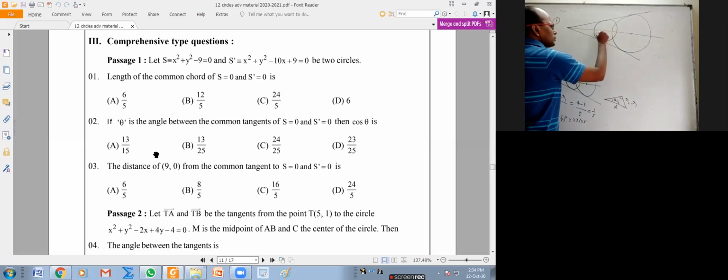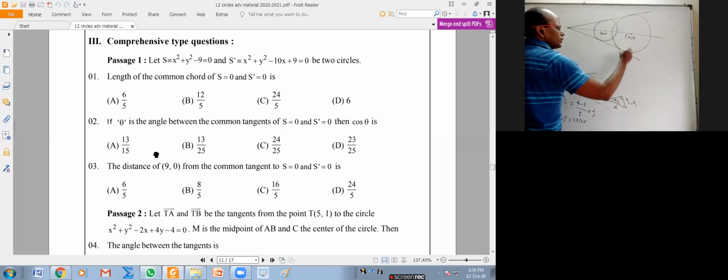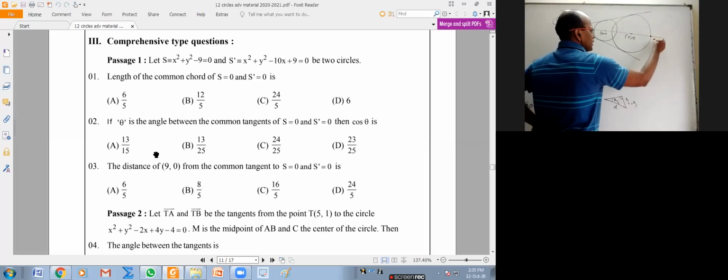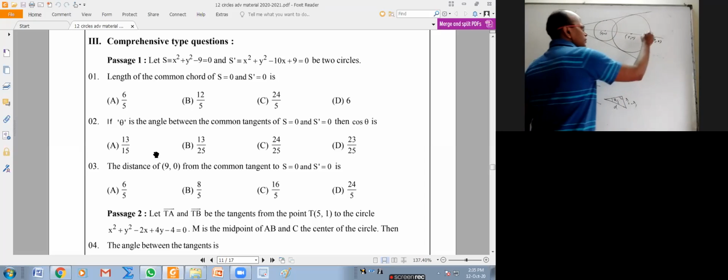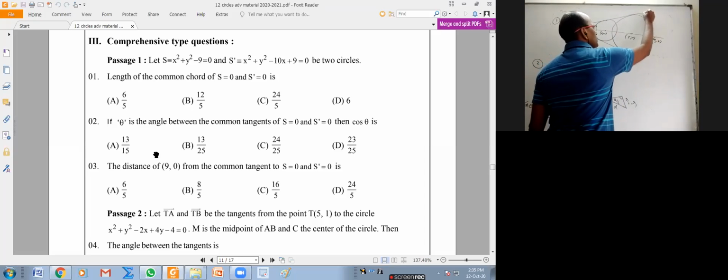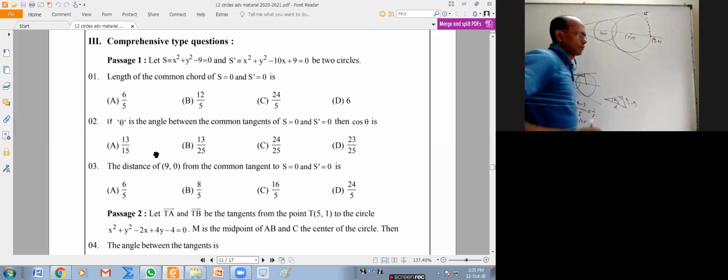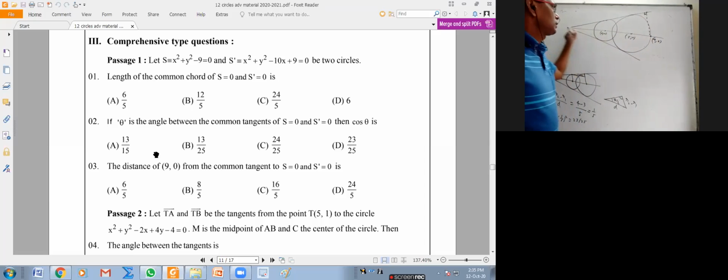The center of the first is (0, 0), the second is (5, 0), and one end of the first circle is (9, 0). Whether it is there or not doesn't matter. They want the perpendicular distance from here to this tangent. If I can find the external center of similitude, I know this triangle and I have already found theta by 2. I should be able to do it.